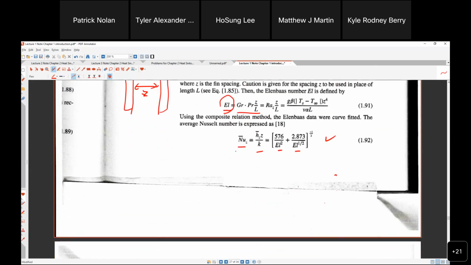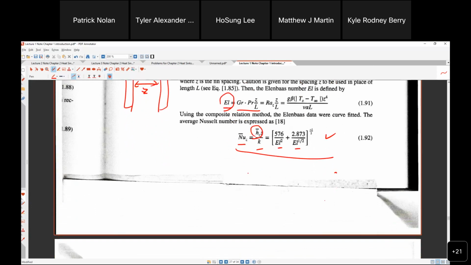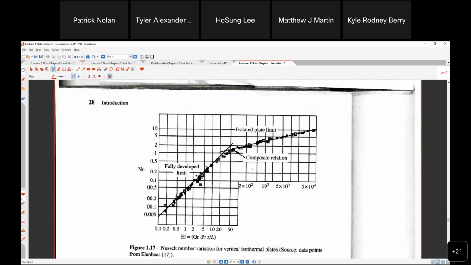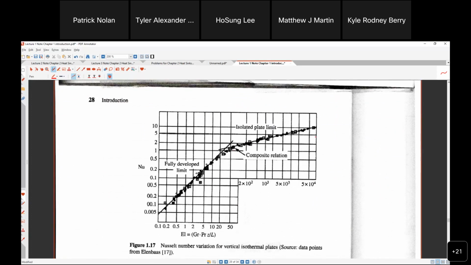You can use the equation and get the average, and then compare to the experiment. Beautiful. Because L m-bar is a dimension, something like spacing. If this spacing is small, that is one physics; if it is too large, another physics.